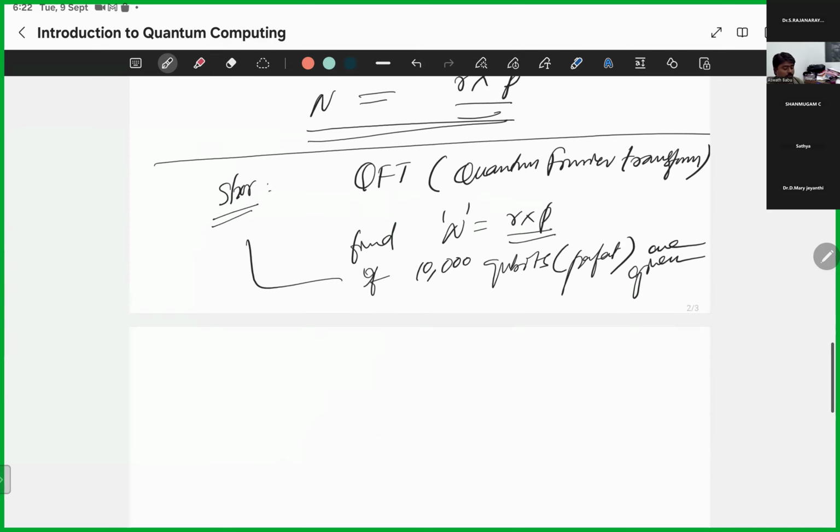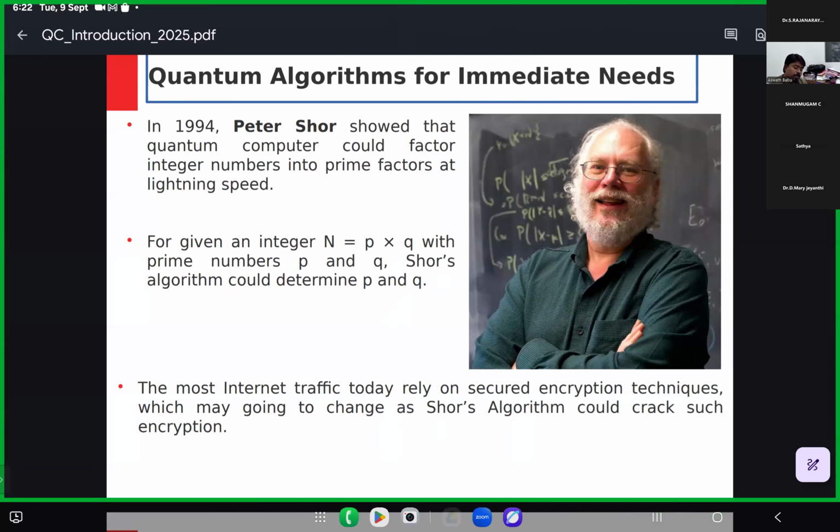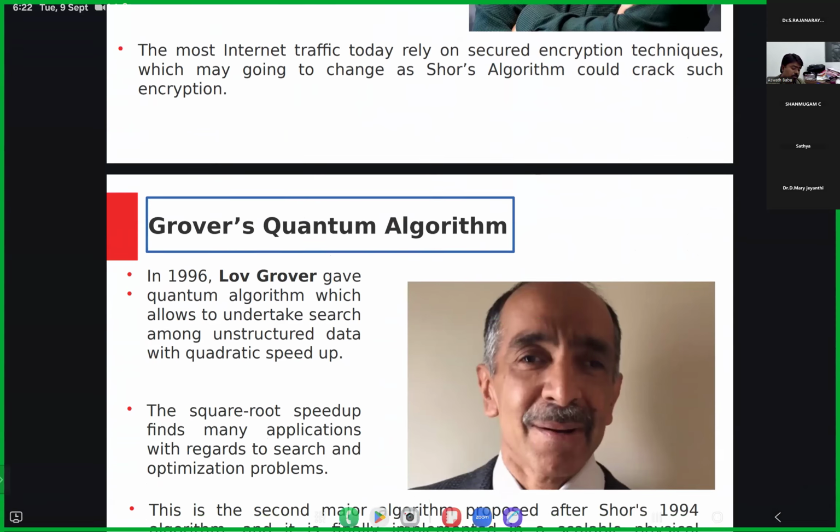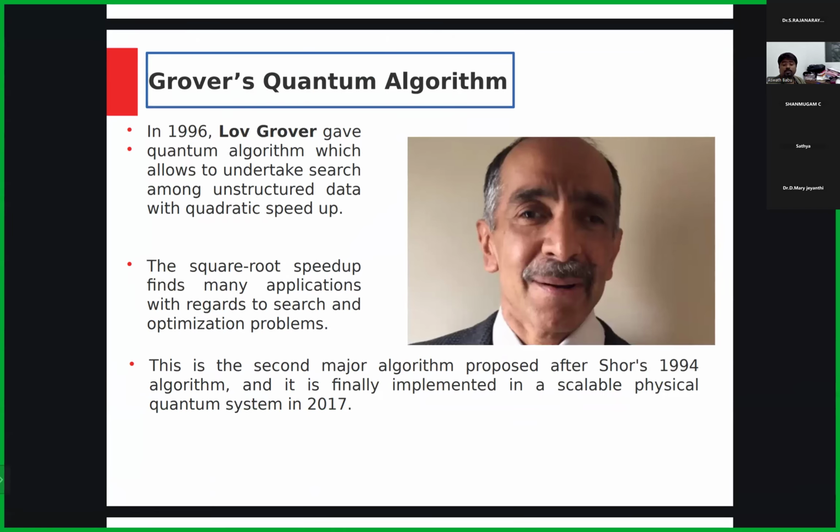So if he has 10,000 perfect qubits, he can crack the encryption. Right now we are at 1,000 qubits. Soon the perfect 10,000 qubits will be reached, so RSA encryption is going to become obsolete.